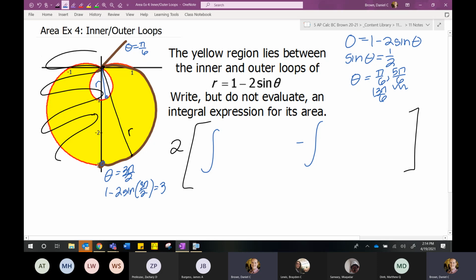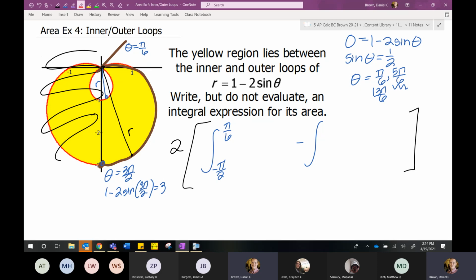So if I'm trying to find angles that are close together but equivalent, what might be something I want to use instead of 3 pi over 2? Negative pi over 2. You want things to be close to 0, close to each other, so you're not crossing over things awkwardly. So I would argue that negative pi over 2 to pi over 6 is the best answer for that interval.